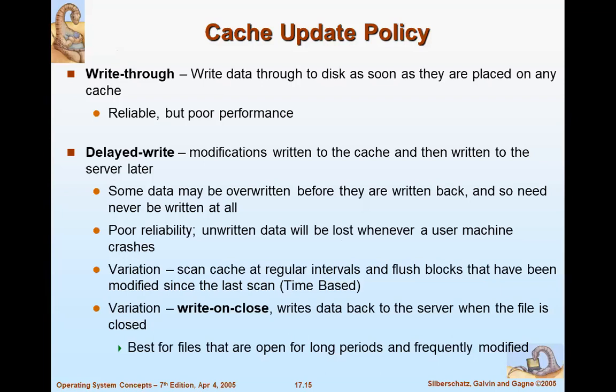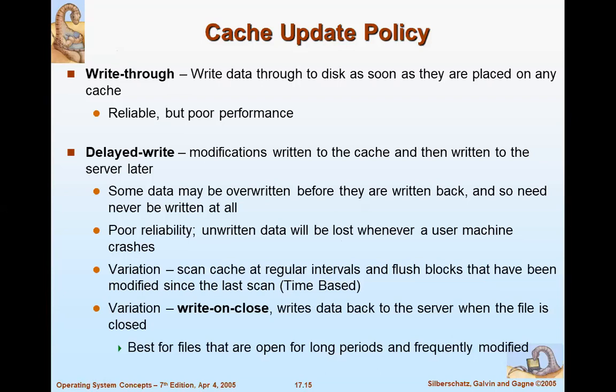Variations can scan the cache at regular intervals and flush blocks that have been modified since the last scan. So look at this, it is totally a time-based activity, and you can also add this variation here. Instead of 30 minutes, 40 minutes, or 1 hour, you can add write on close as well. Whenever you close this file, you will do all the necessary updates on the server side. Write data back to the server when the file is closed.